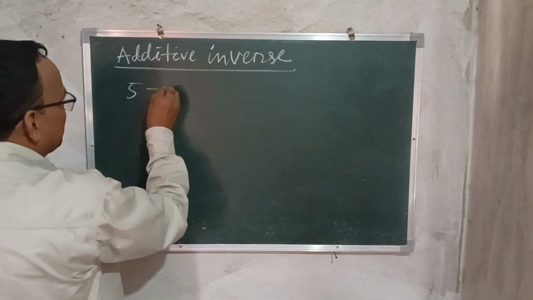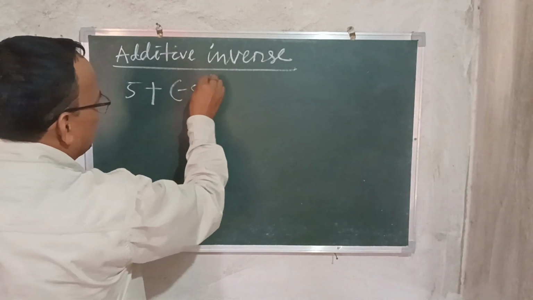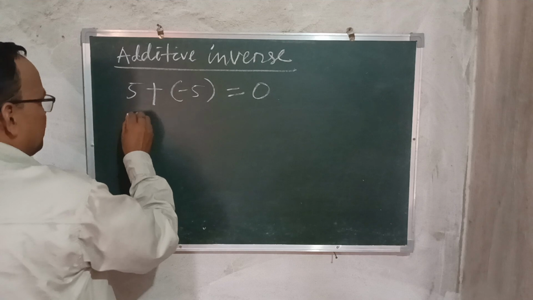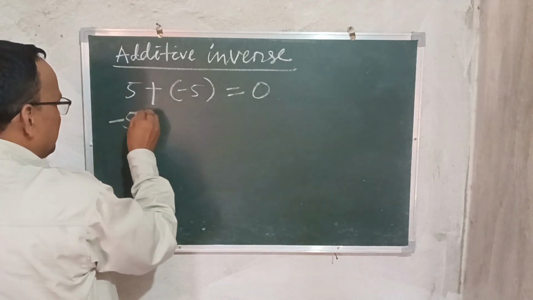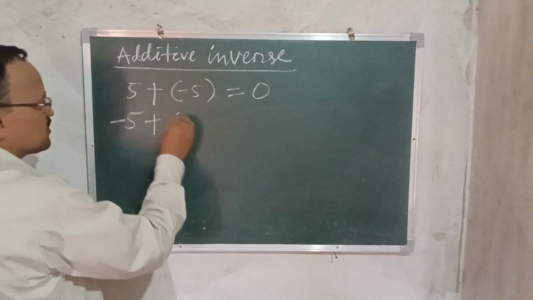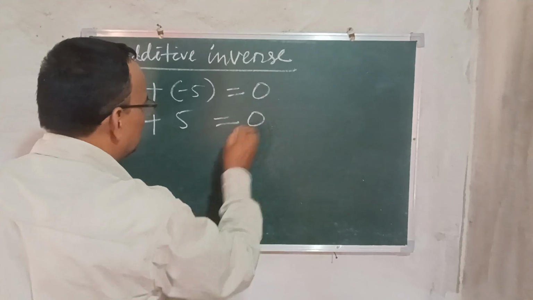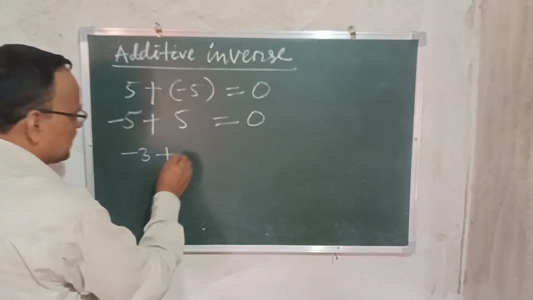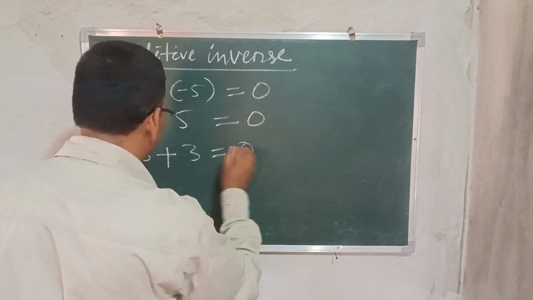Suppose 5 plus minus 5 is equal to 0, and minus 5 plus 5 is equal to 0. Minus 3 plus 3 is equal to 0.